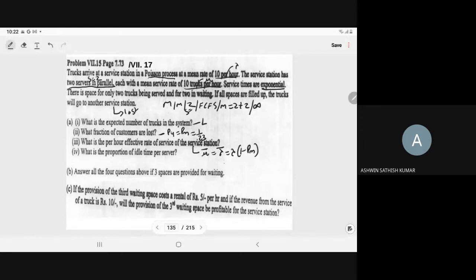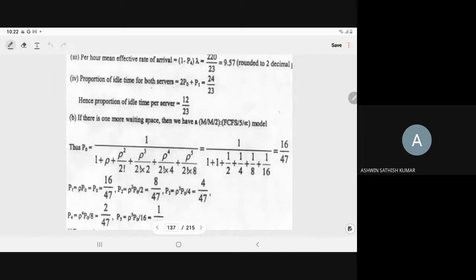So that is lambda times 1 minus P4. Lambda is 10, P4 is 1 by 23.